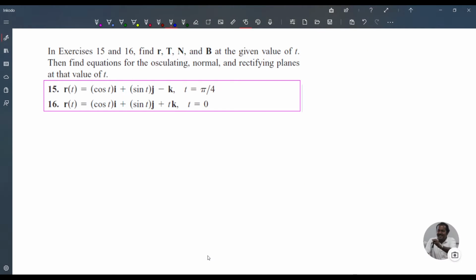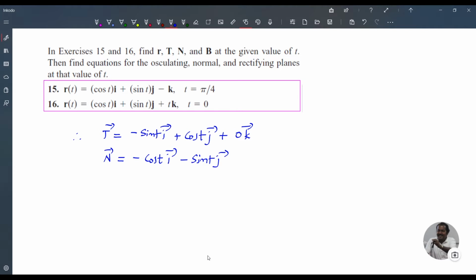Therefore we have t equal to minus sin t i plus cos t j plus 0k, and n is minus cos t i minus sin t j plus 0k.